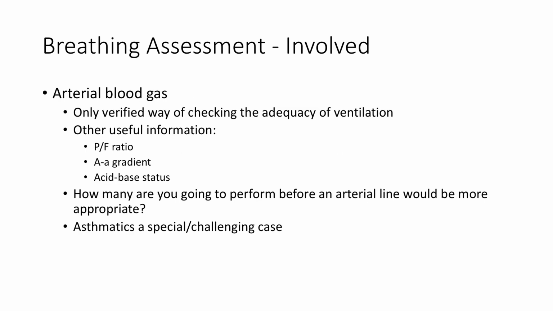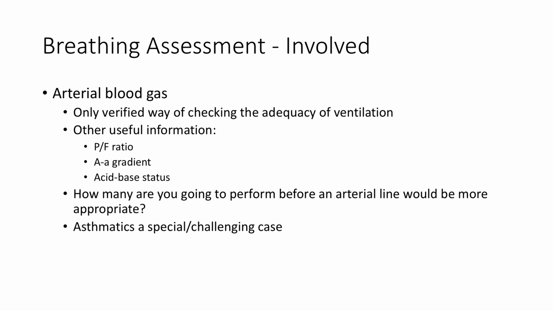If you want to check the adequacy of ventilation, ignoring things like percutaneous Tosca measurement and all that, the only verified way is an arterial blood gas. And an arterial blood gas will give you lots of other useful information as well. It will tell you something of the PF ratio, so how well the patient is oxygenating for the fraction of inspired oxygen they've been given.